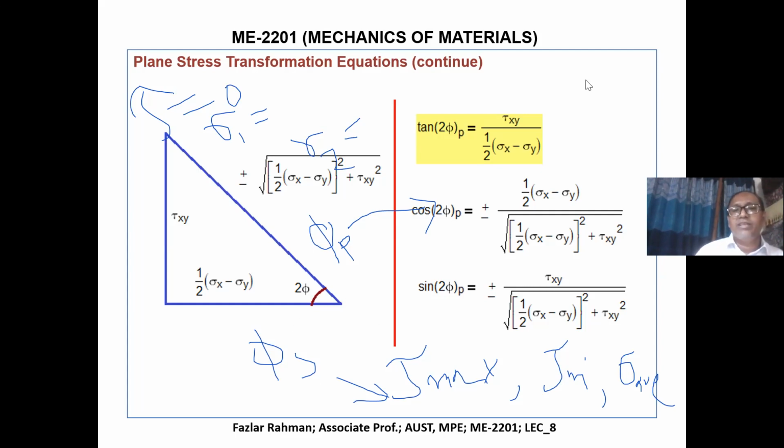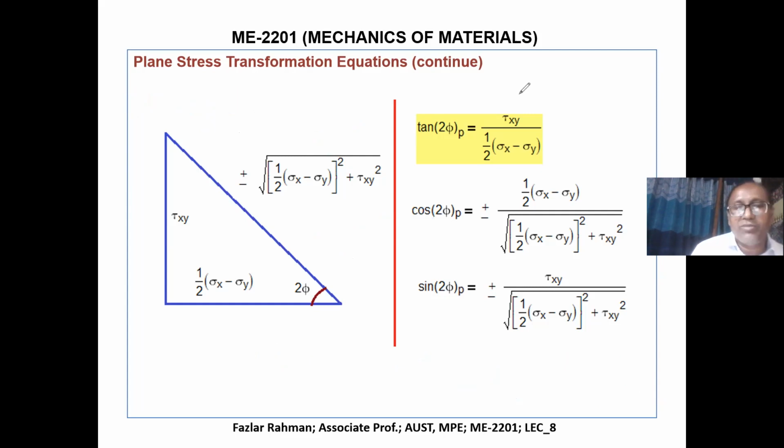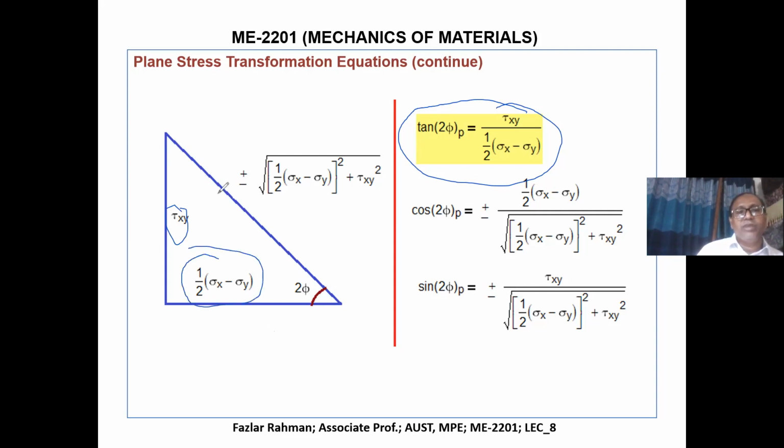Now, right over here, you see I put some trigonometry formula. Say this is a triangle, and I know the length of this side. From here, how can I figure out the value of sine and cos from this triangle? Easily you can figure out. Say this is 2 phi angle. Tan equals perpendicular by base. So tau xy will be perpendicular and this will be base. So you figure out the hypotenuse.